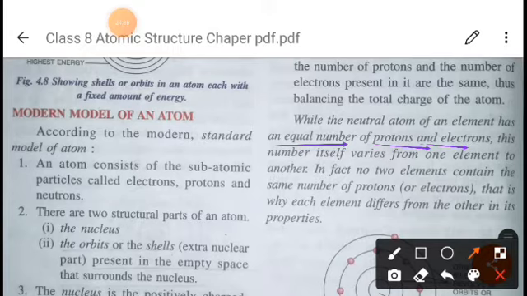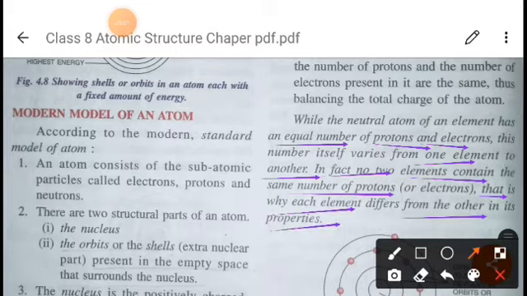This number of electrons and number of protons will vary from one element to another. In fact, no two elements contain the same number of protons. That is why each element differs from the other in its properties.